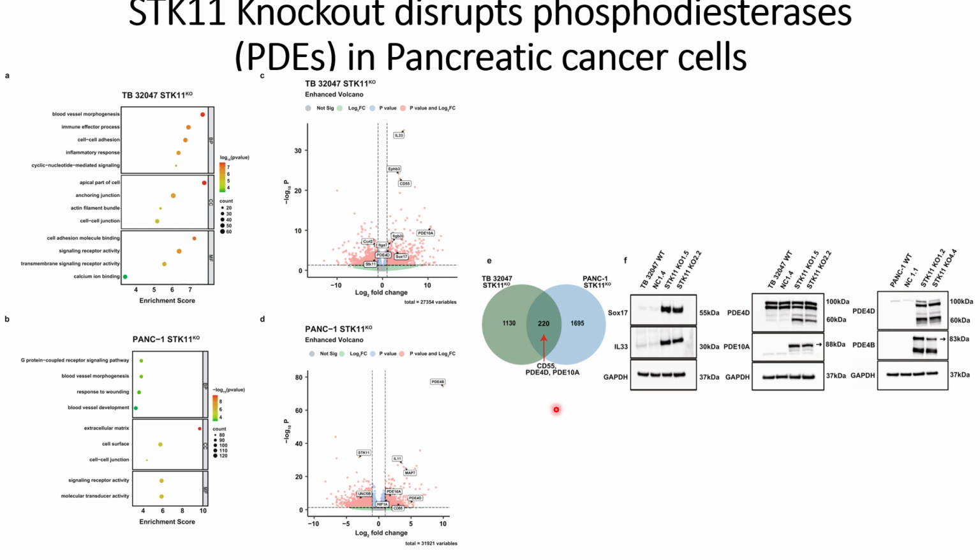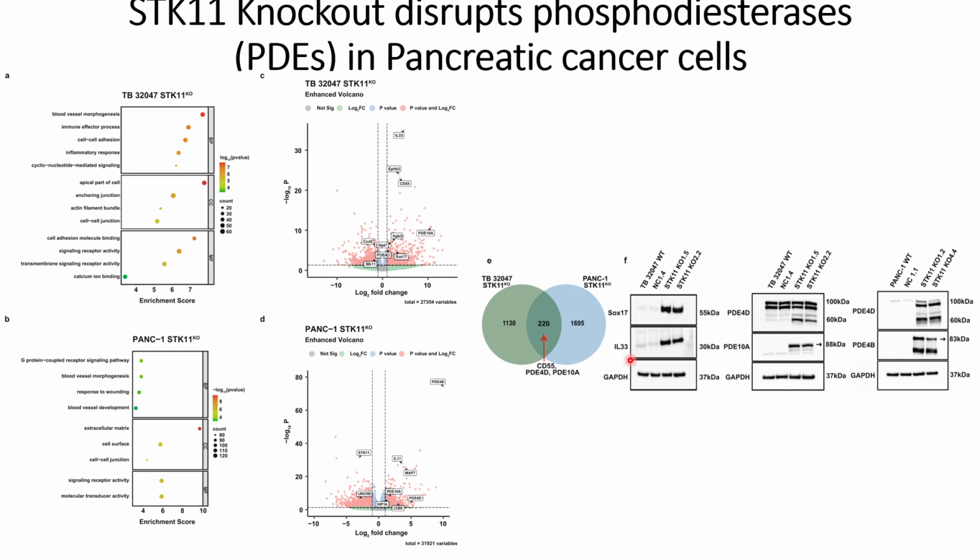From this they made a hypothesis: since the PDEs are expressed in both cell lines, the phosphodiesterases must be dysregulated in both knockouts. CD55 is also shown here, but in this main figure they have focused on the PDE expressions.